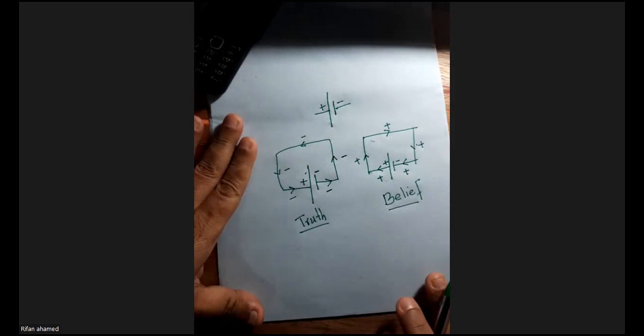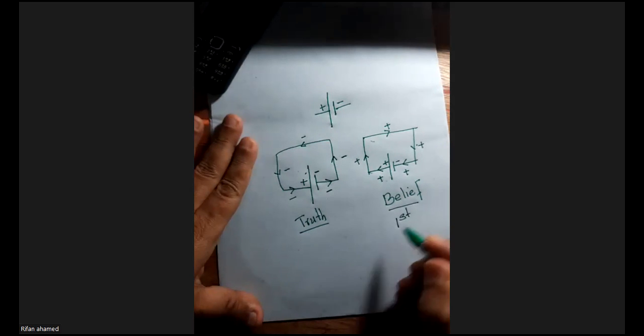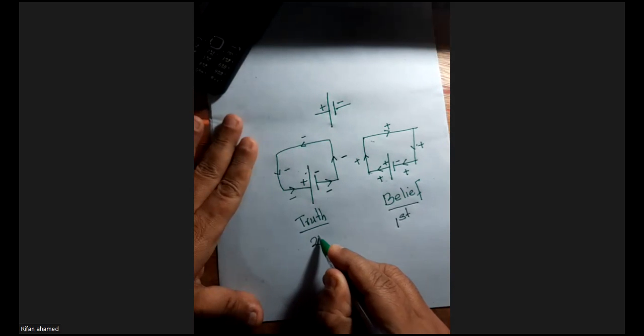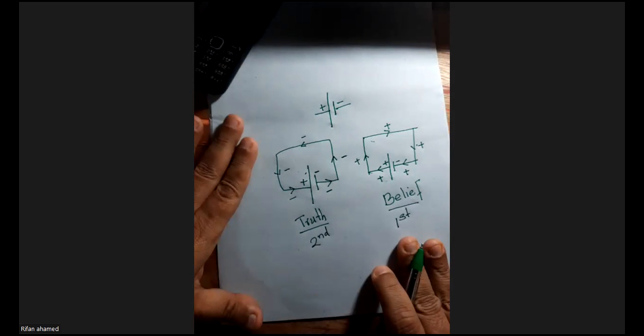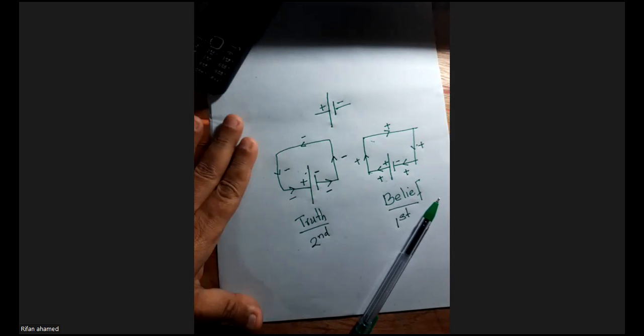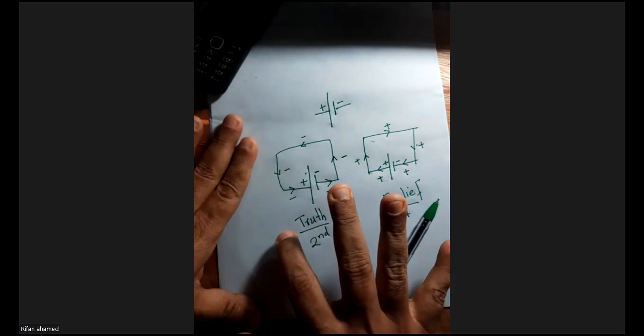First, this was the belief. Later only we got to know the second one is the truth. First, it was a belief. Second, it was the truth. Later we got to know this is wrong and this is truth.